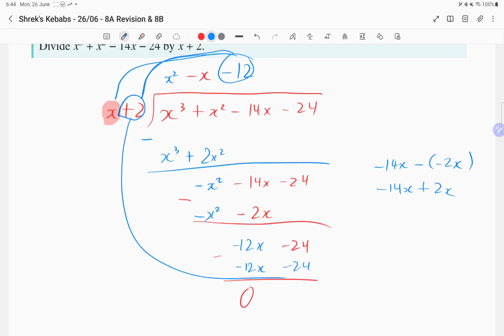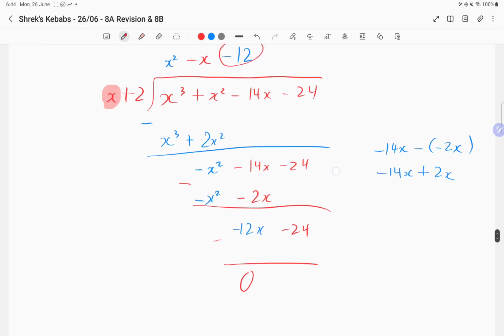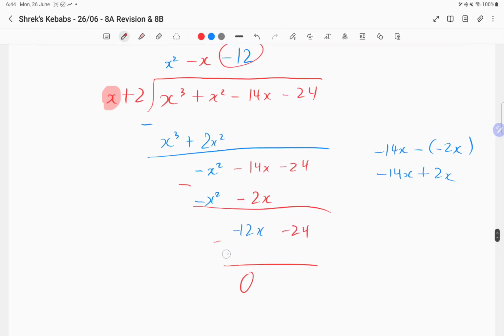Okay, so think of it this way. To get the line that you can subtract by, you need to find out what number this is, and then multiply that. So essentially you find that it's negative 12, and then you need to times it by the divisor, so times x plus 2. Does it make sense? When we expand that, we get something that when you subtract, you get 0.